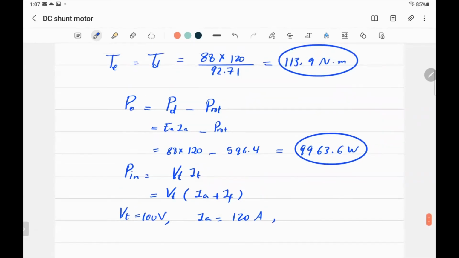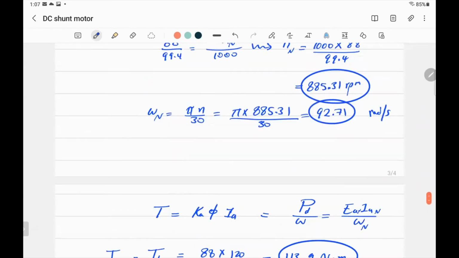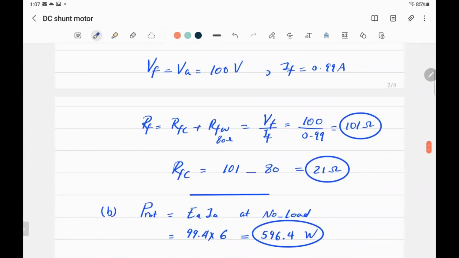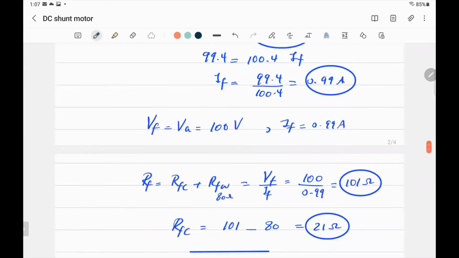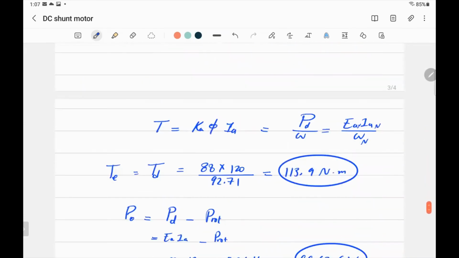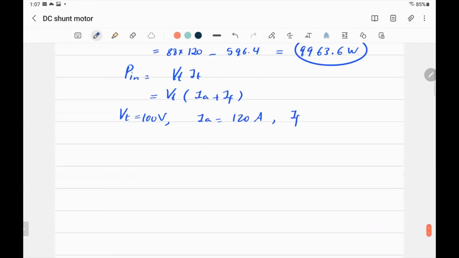IF I have to get; we got it before in the first part, 0.99. You're right. So the input is 100 times (120 plus 0.99), which is equal to 12,099 watt.